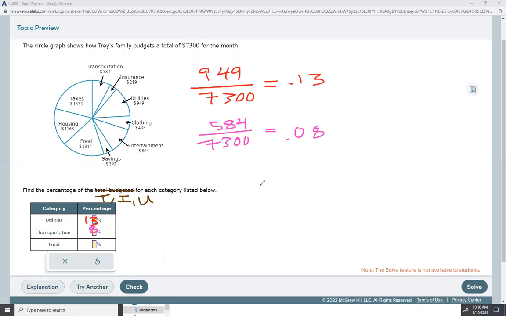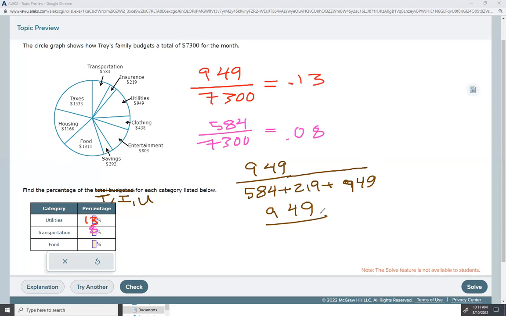Instead of comparing the 949 to the total budget, we would be comparing it to the portion they tell us to compare it to: the 584, the 219, and the 949. Boy, that's some terrible penmanship. Which would simplify to 949 over 584 plus 219 plus 949.